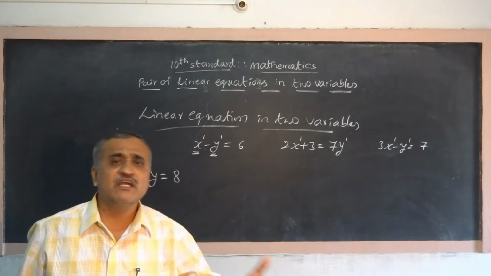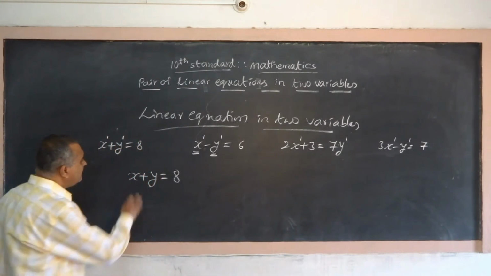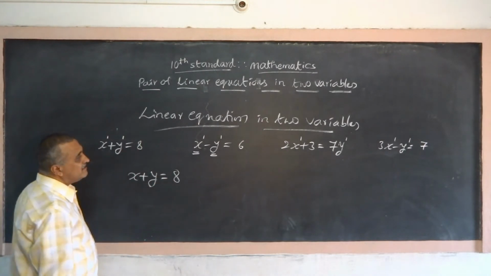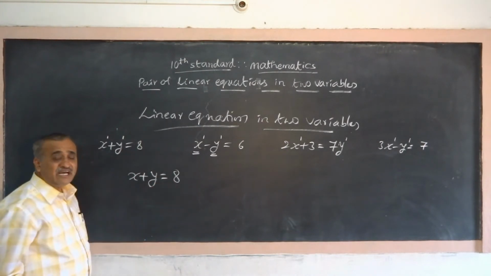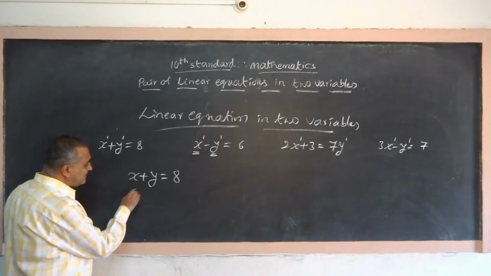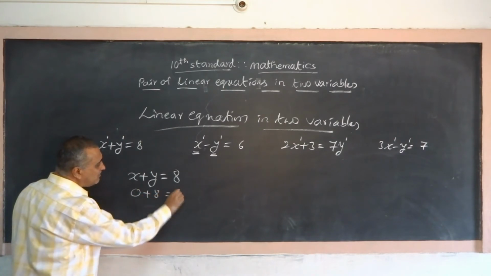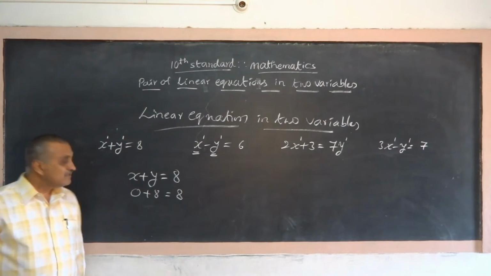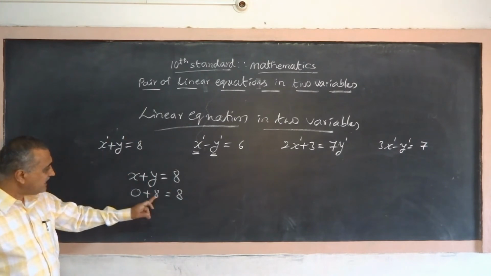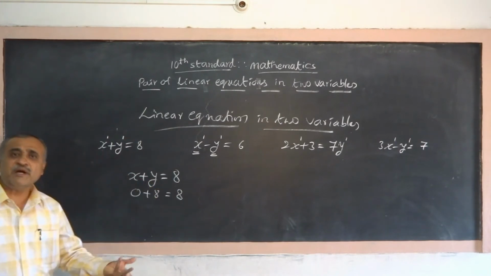Find your variable. So what is that? x plus y equals 8. I write 0 plus 8 equals 8. x equals 0, y equals 8, 8 plus 0 is 8. Possible.